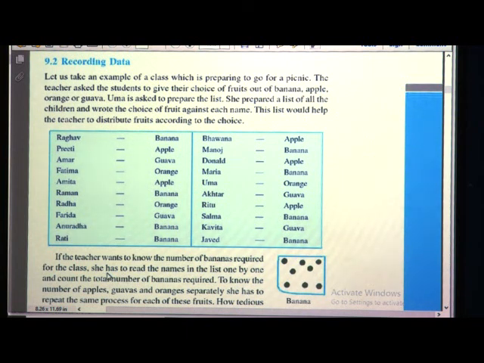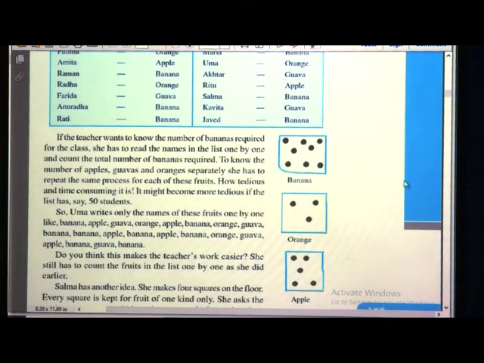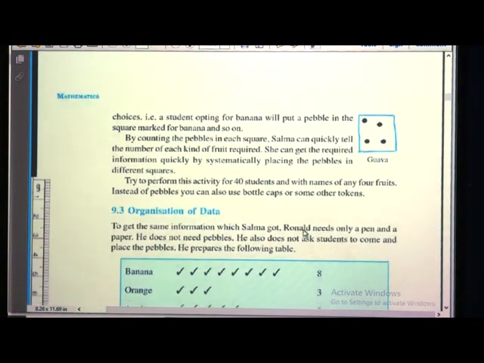It takes a lot of time to gather the data, and it's very difficult to write all the students' names, take the choice of their fruits one by one for different fruits. It is difficult too. So we have taken another method wherein we have drawn the squares, then we have put the pebbles or the marbles in that, so we can find how many students like how many types of fruits. So this was a method.